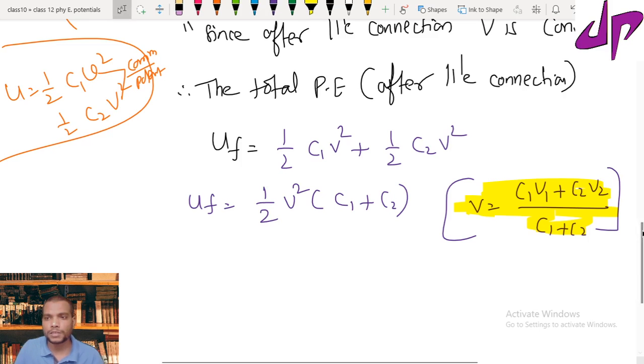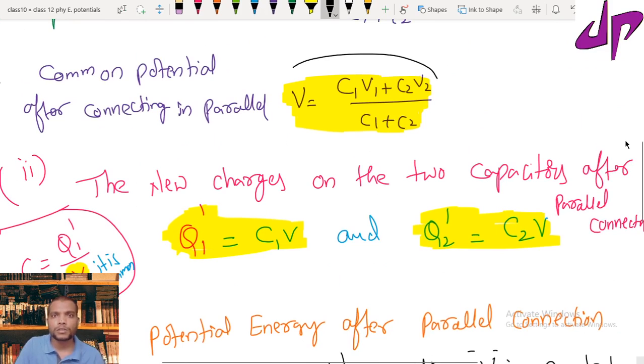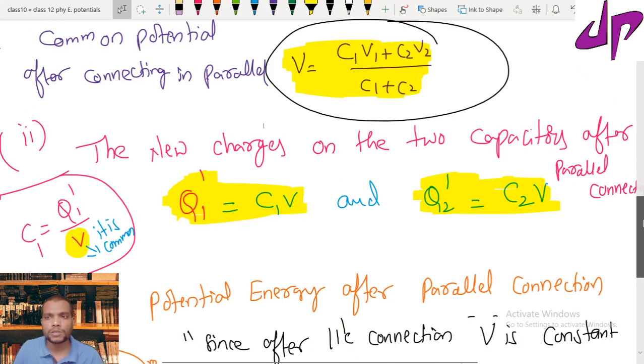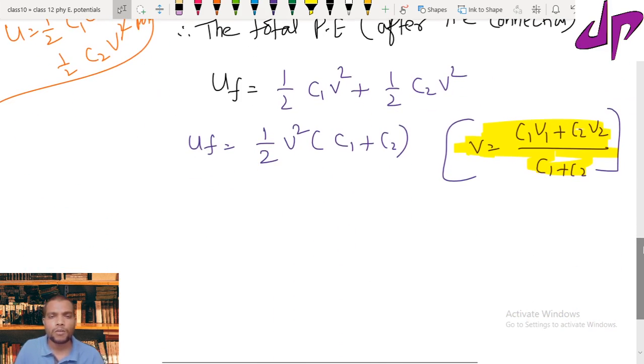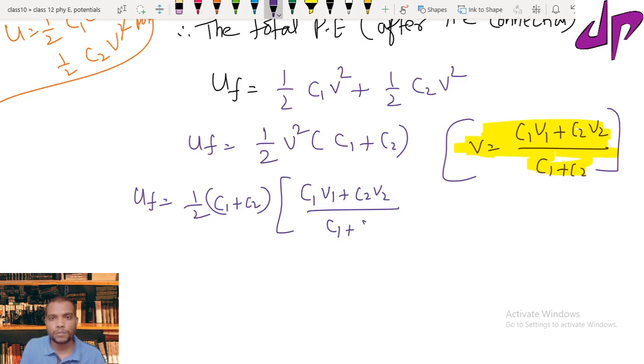So from the above expressions we got the common potential V equal to C1 V1 plus C2 V2 upon C1 plus C2. Now if you substitute that value here, U suffix F, the final after connection, becomes half C1 plus C2 of C1 V1 plus C2 V2 upon C1 plus C2 whole square.